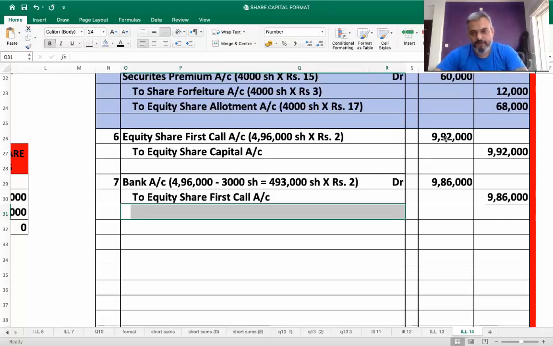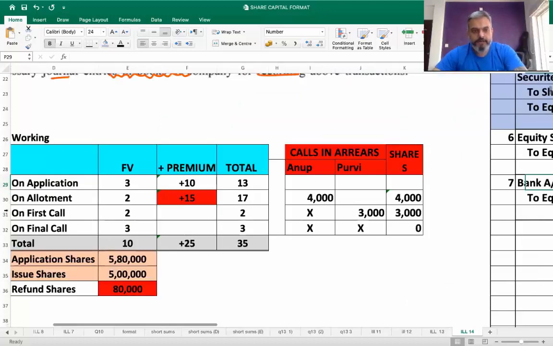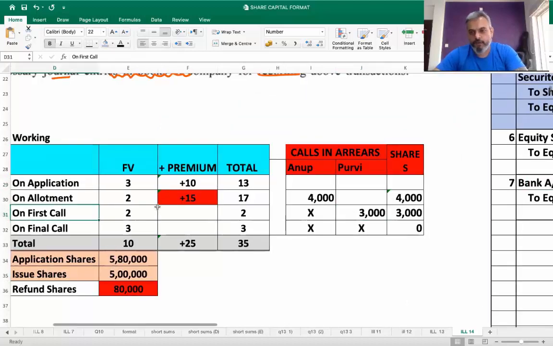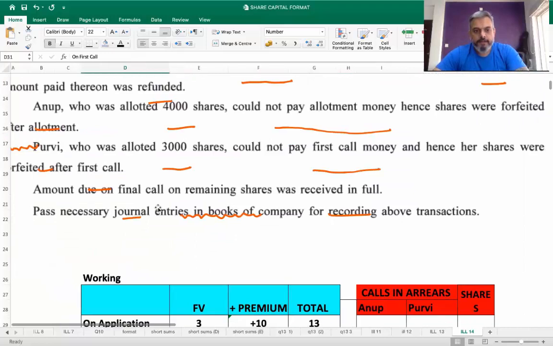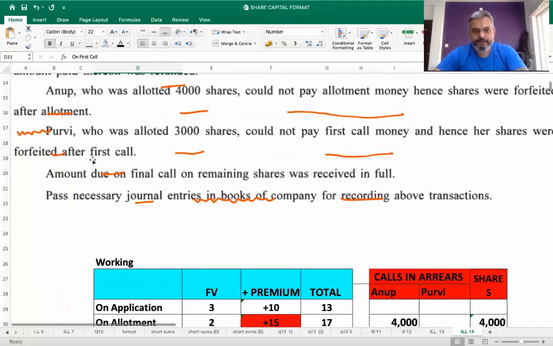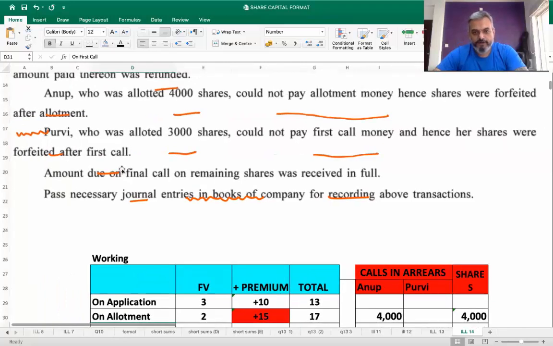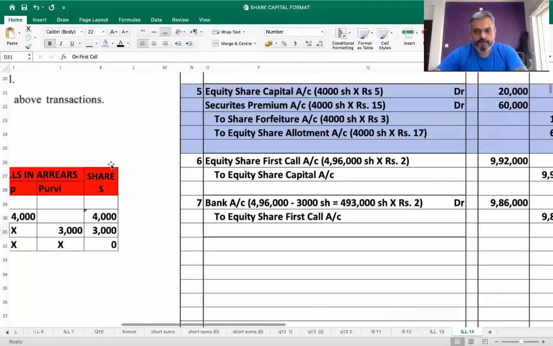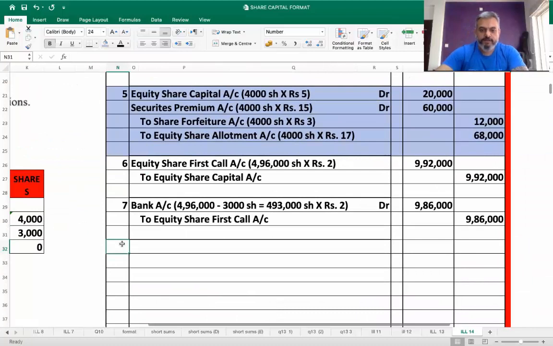So we should have received 9,92,000, but we received only 9,86,000 because for these 3,000 shares held by Purvi, we did not receive the first call. So what will we do now? Her shares were forfeited after the first call. So after making the first call, we forfeited her shares. So 8.